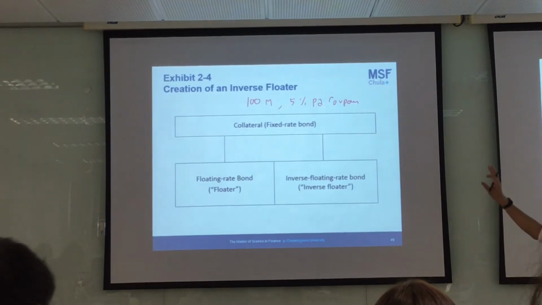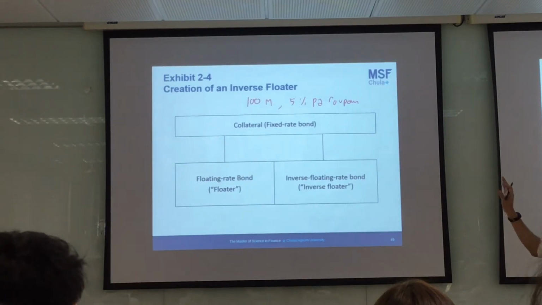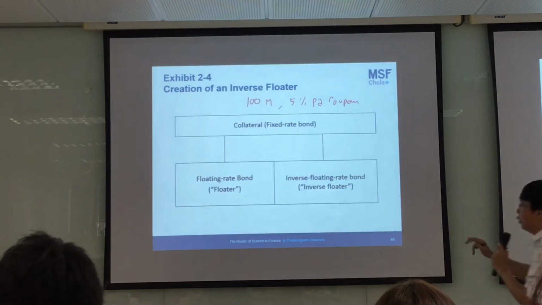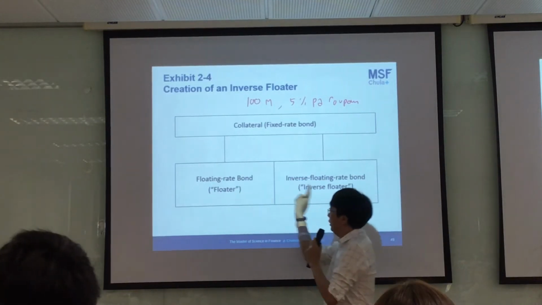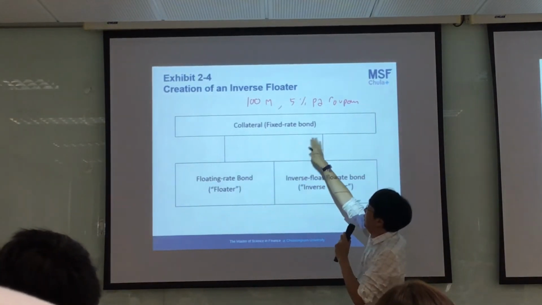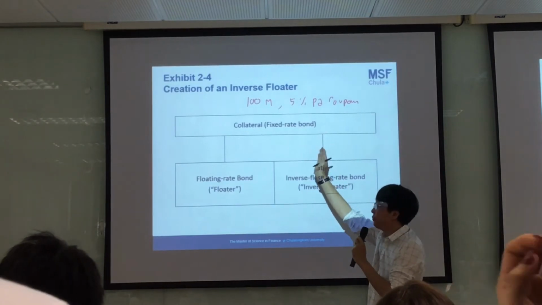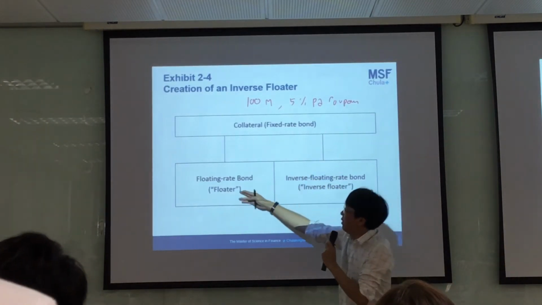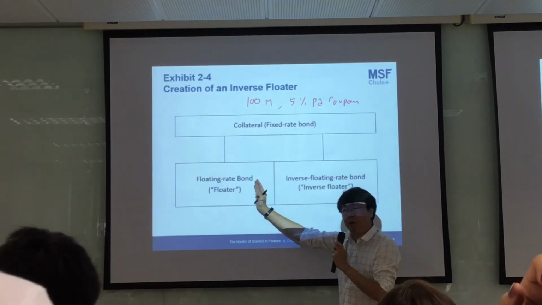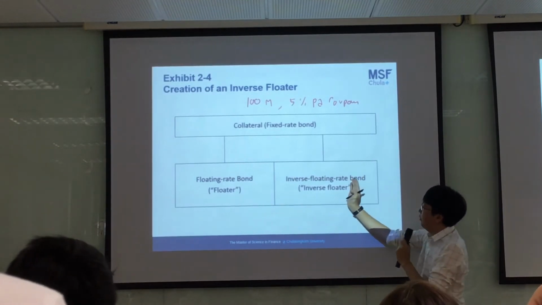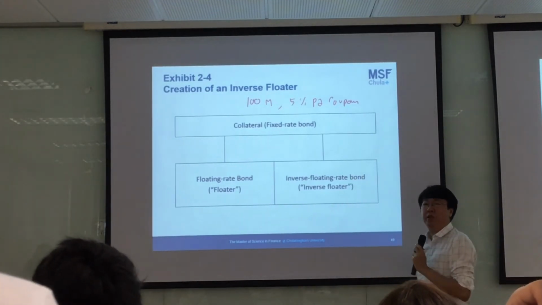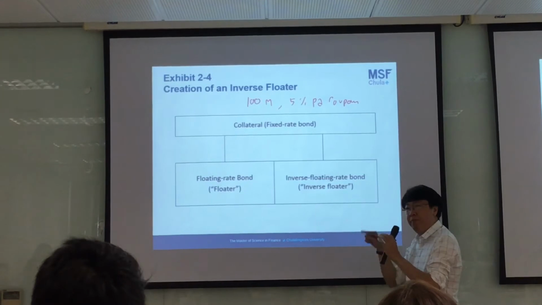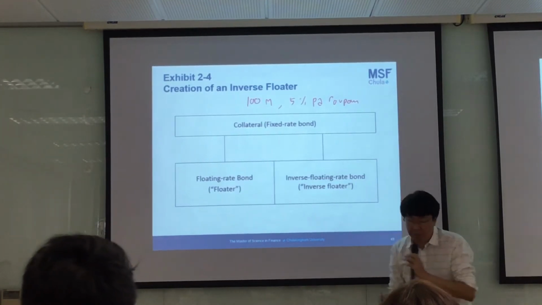Now, based on this investment, the trader can construct two securities. They can issue a floating rate bond and an inverse floating rate bond, or inverse floater, with the same amount.